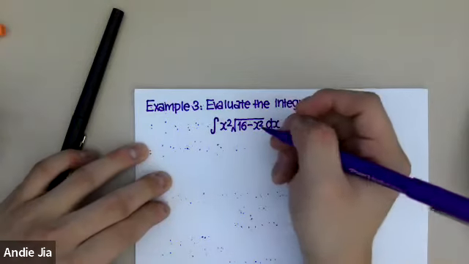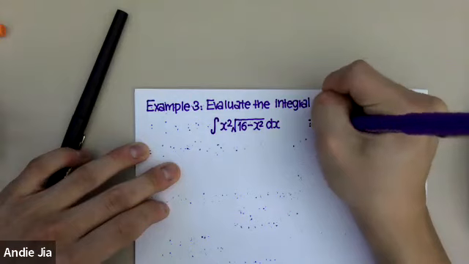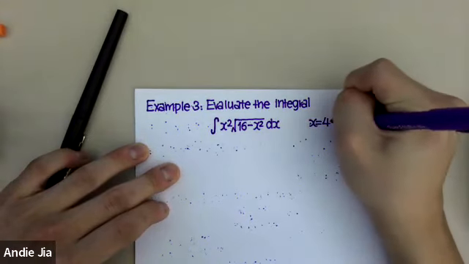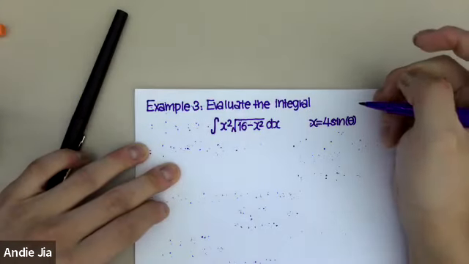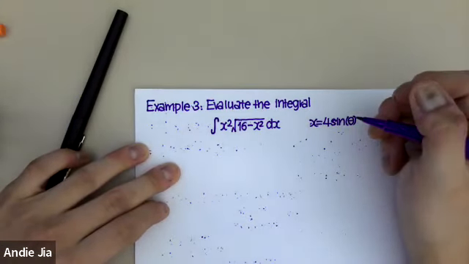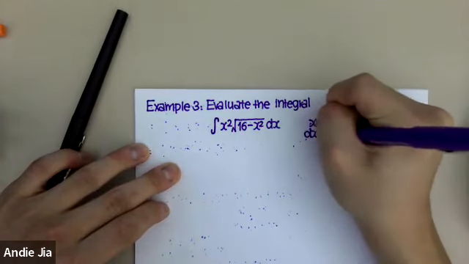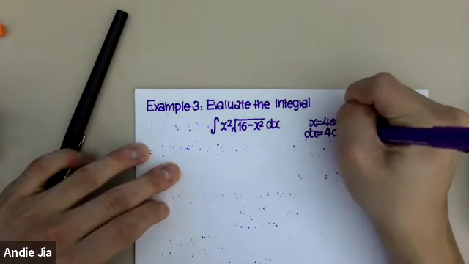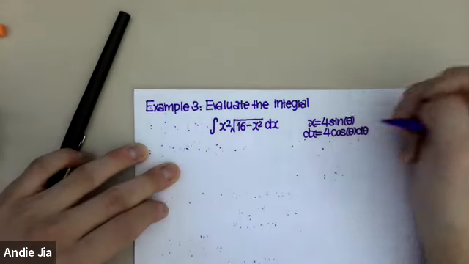So immediately you will recognize x equals 4 sine of theta, then dx is 4 cosine of theta d theta.